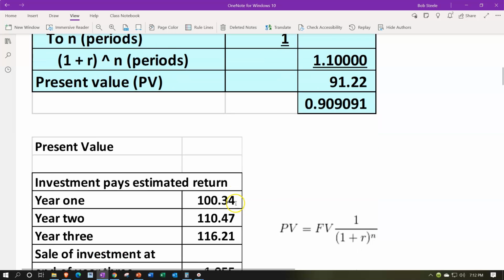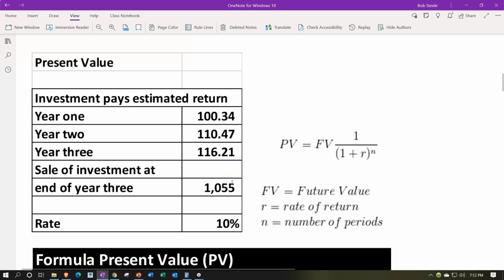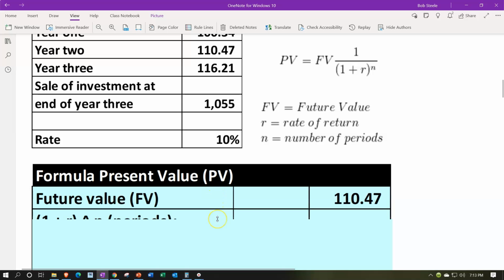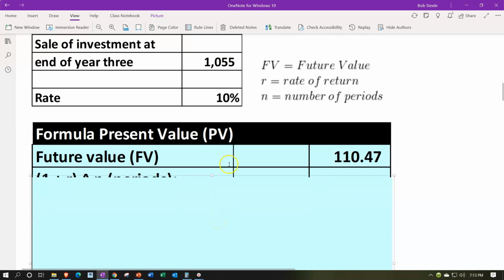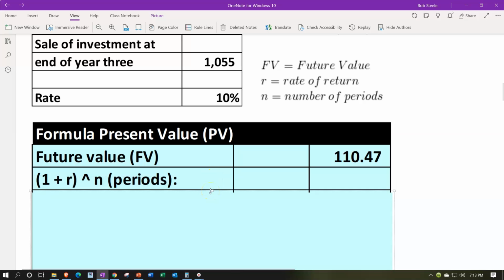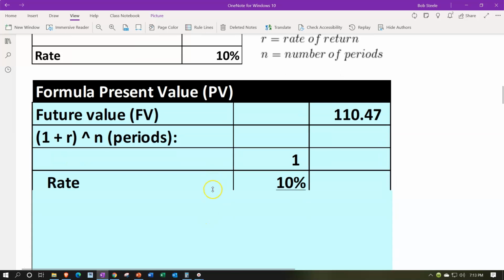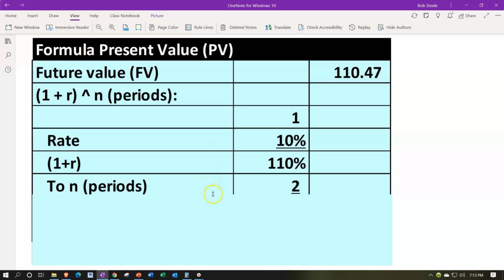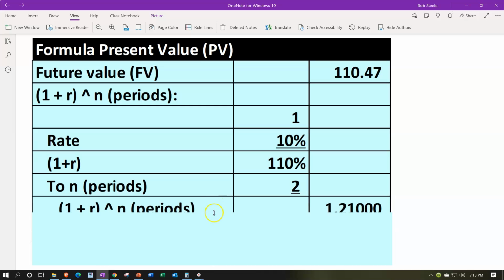Then if we do this again for the second one, the 110.47, plug this into our formula. Now we're 2 years out. This is the return we expect after year 2 of the investment. Then we've got the (1 plus r) to the n. So we've got 1 plus r, which is 10%, 110% if we add those up, to the power of 2, two periods out, 2 years out in our practice problem.